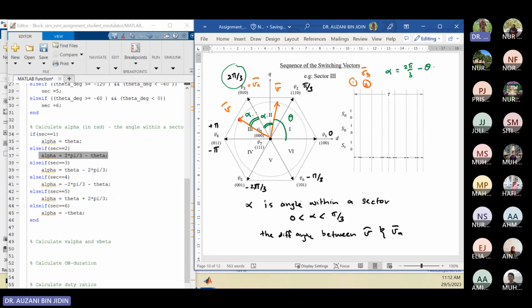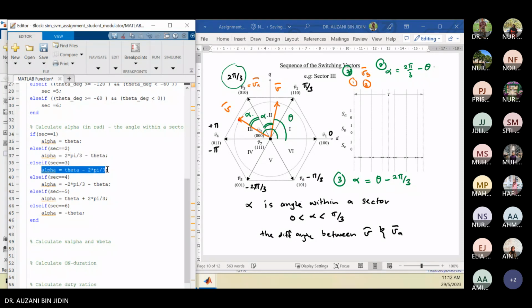Here will be sector 2. Alpha is the difference between this angle, so you can calculate alpha as the difference between theta and 2 pi per 3. Then you get it for sector 3.